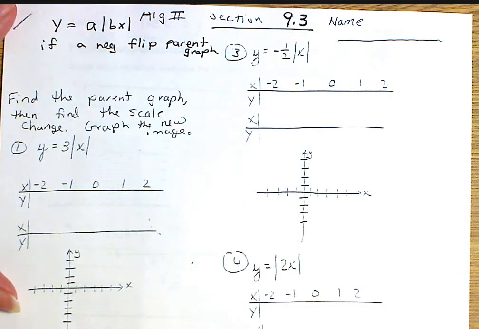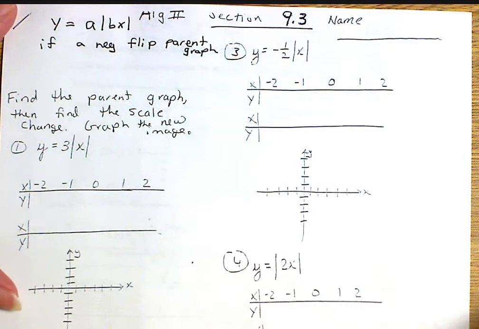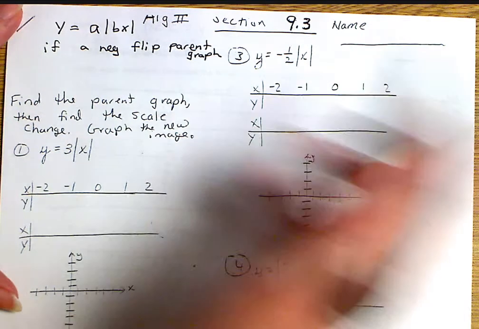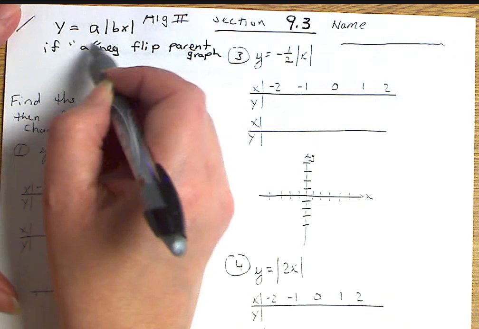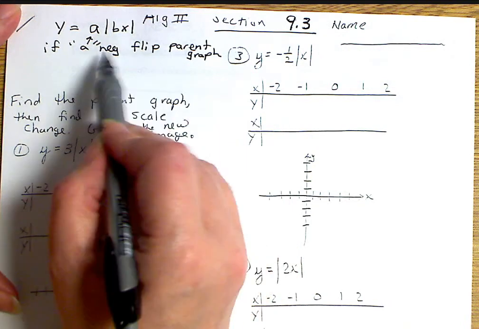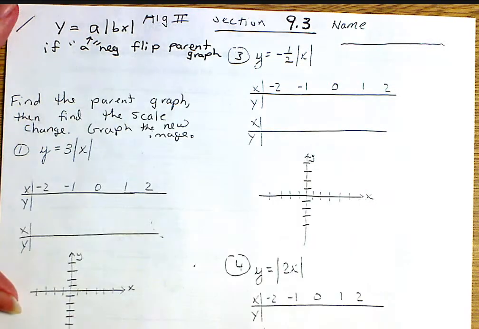The whole thing is, the front side is the notes, if you wondered. So if this thing right there is negative, you're going to flip the parent graph. Remember, the parent graph is the V that we were working with on Friday.